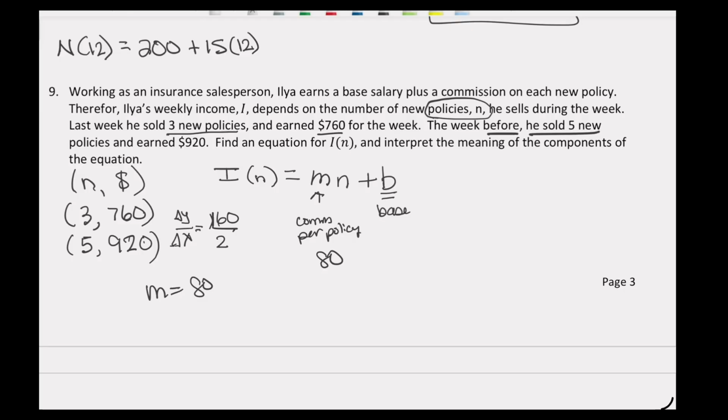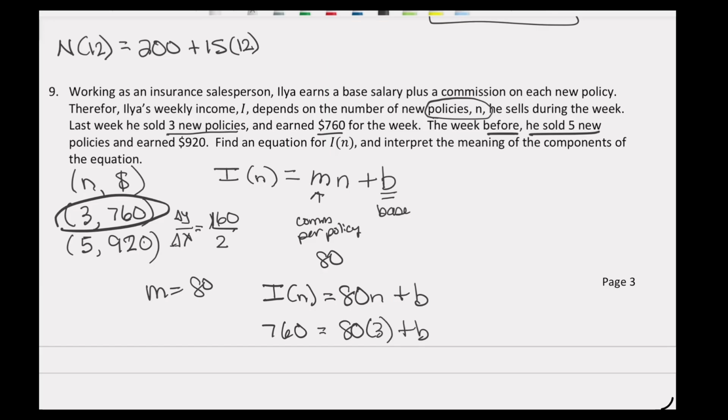So here's what I know so far. Our equation is income equals $80 per policy plus the base. I don't know the base, but I can use either one of these points to find it. I know that the income is $760 when 3 policies are sold. So what's the base? 80 times 3 is 240.